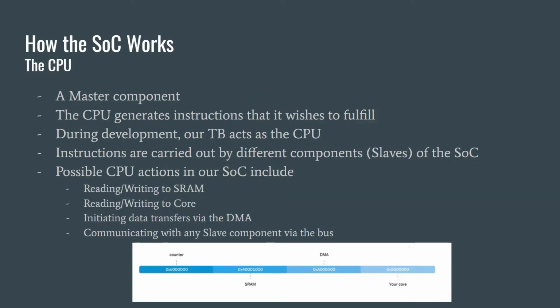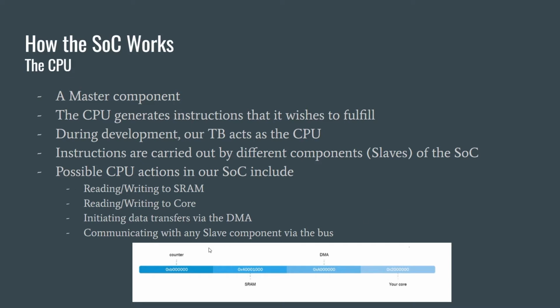The CPU. In our SoC, we have a CPU, and this acts as a master component. The CPU will generate instructions that it wishes to fulfill. During development, our test bench will act as a CPU. For example, we'll have memory read and memory write instructions that the CPU wishes to complete, and it'll specify which component or which slave it wishes to talk to via addresses.